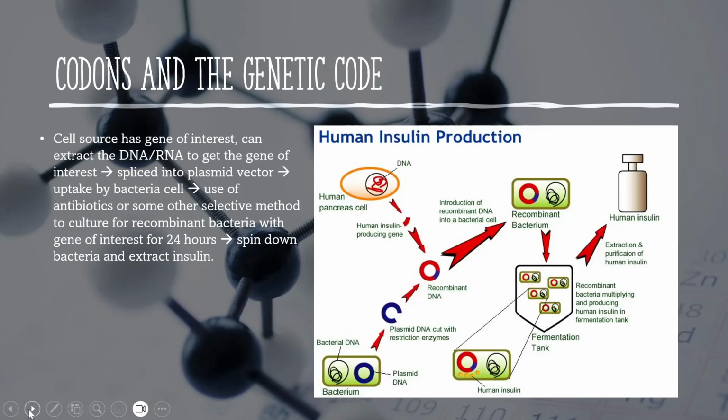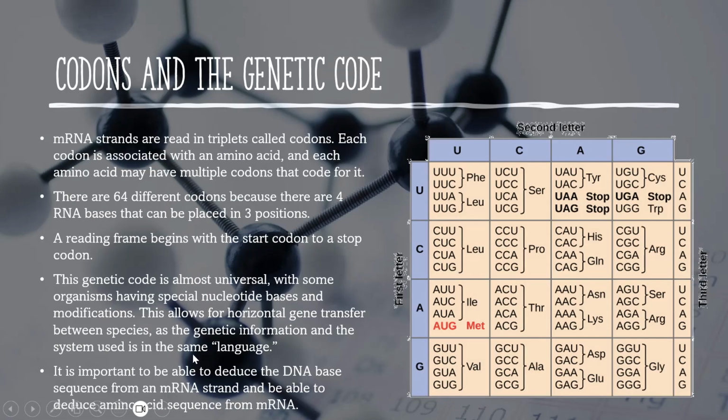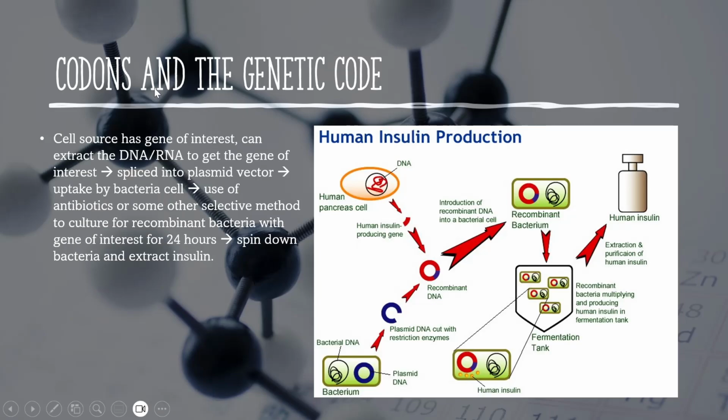So the application I mentioned about transferring genetic information from one organism to another is what we use with transgenic organisms. One example of a transgenic organism is bacteria. There are different types of transgenic bacteria we have.